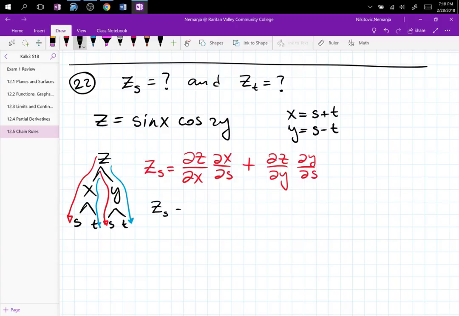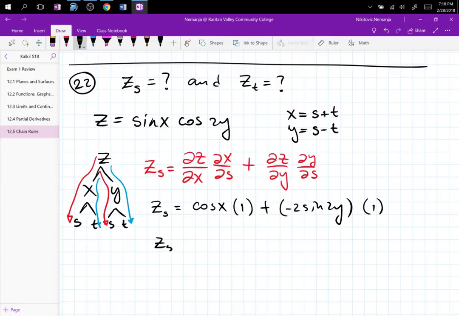So zs, which is the partial derivative of z with respect to variable s, is going to be partial z, partial x. That's just going to be cosine x times partial x, partial s, which is 1. Plus partial z, partial y is going to be negative 2 sine 2y times the partial derivative of y with respect to s, and that's also 1.